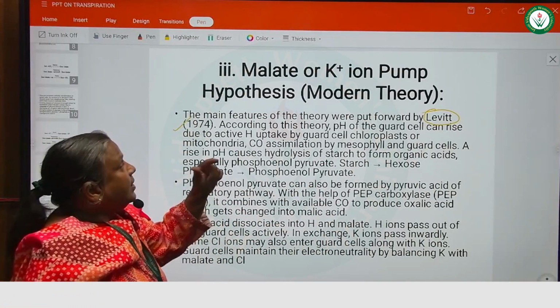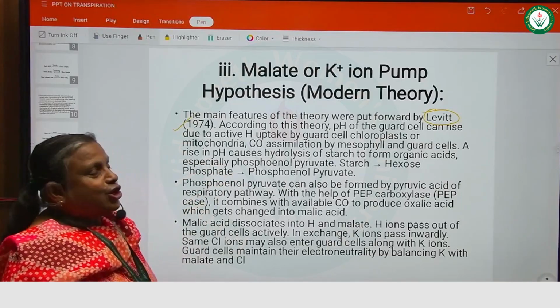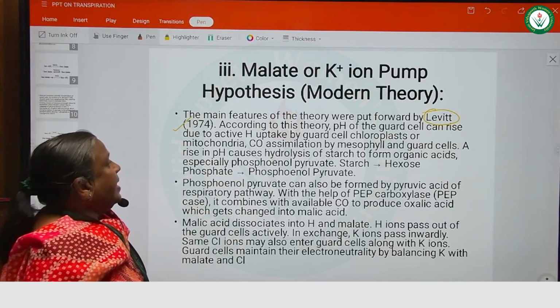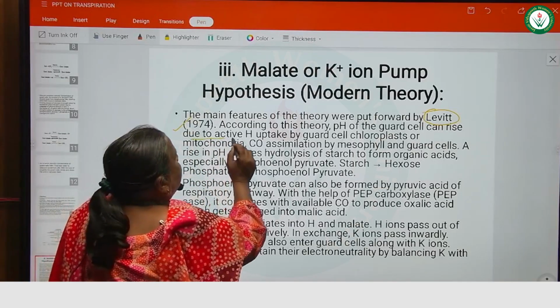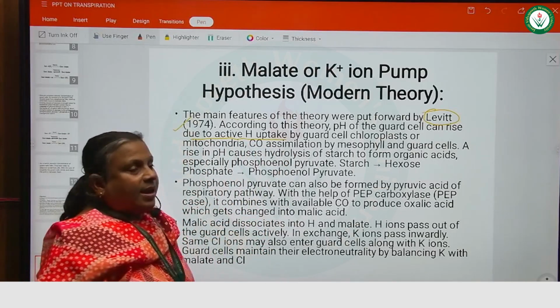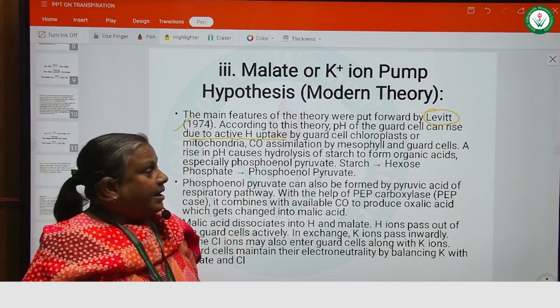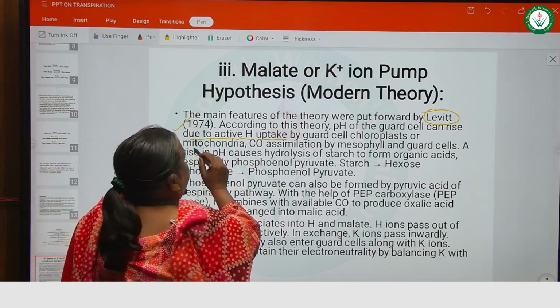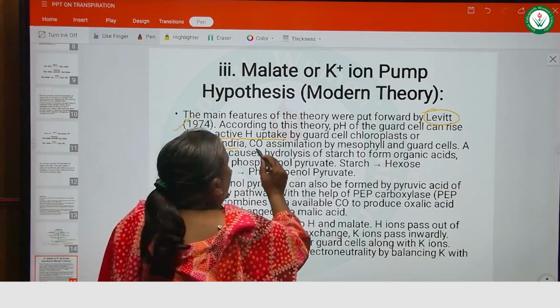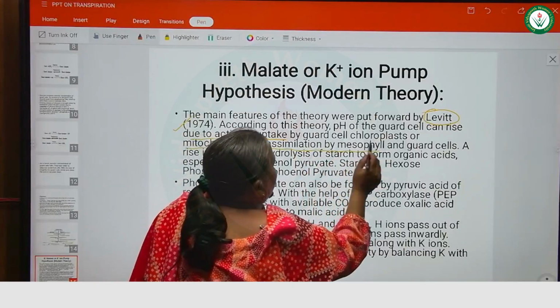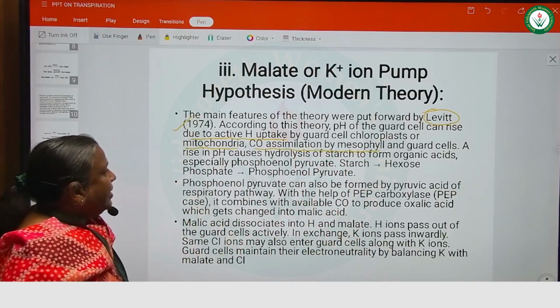According to this theory, the pH of the guard cell can rise due to the active hydrogen uptake by the guard cell chloroplast or mitochondria, and CO2 assimilation by mesophyll and guard cells.